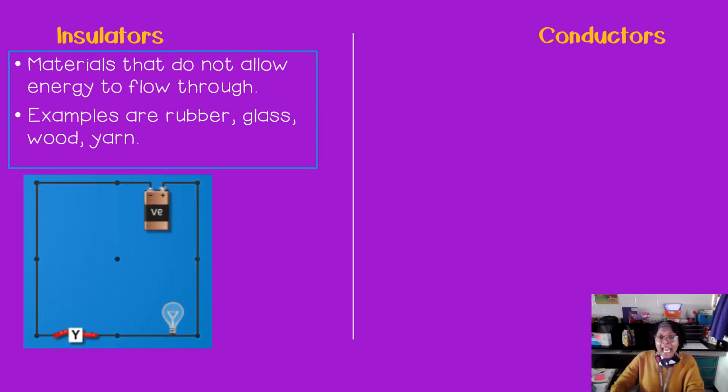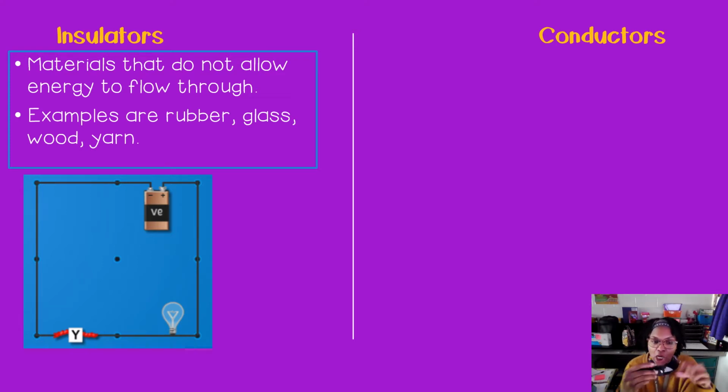And if we see in our circuit, we have a complete circuit. We have our battery, we have our wires, we have our source, what we're trying to light, our light bulb. But there, instead of using a wire right here, I used a piece of yarn. And you can see that my light bulb isn't lit. That goes to show, because we said that an example of insulators is yarn.